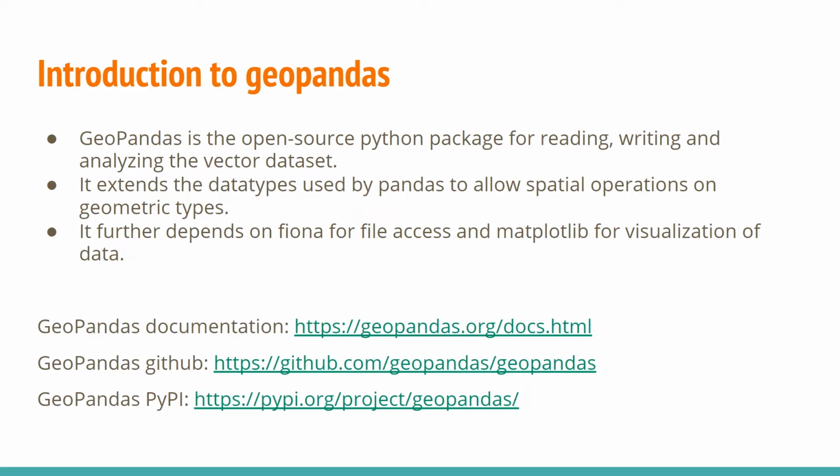It further depends on Fiona for accessing files, and matplotlib for the visualization of data. I provide you the GeoPandas official documentation, GitHub repo and PyPI release here, so you can simply check through these links.